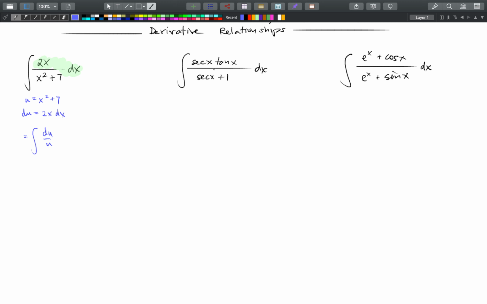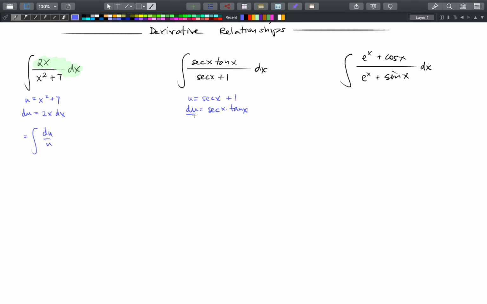Once you realize this relationship between the numerator and the denominator, let u be the denominator. u is equal to secant x plus 1. Then your du is going to be the derivative of secant, which is secant x tangent x.